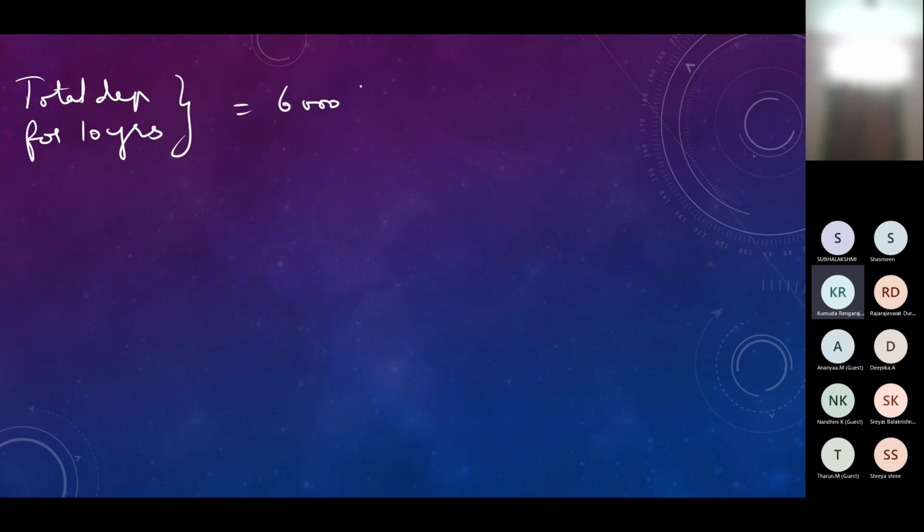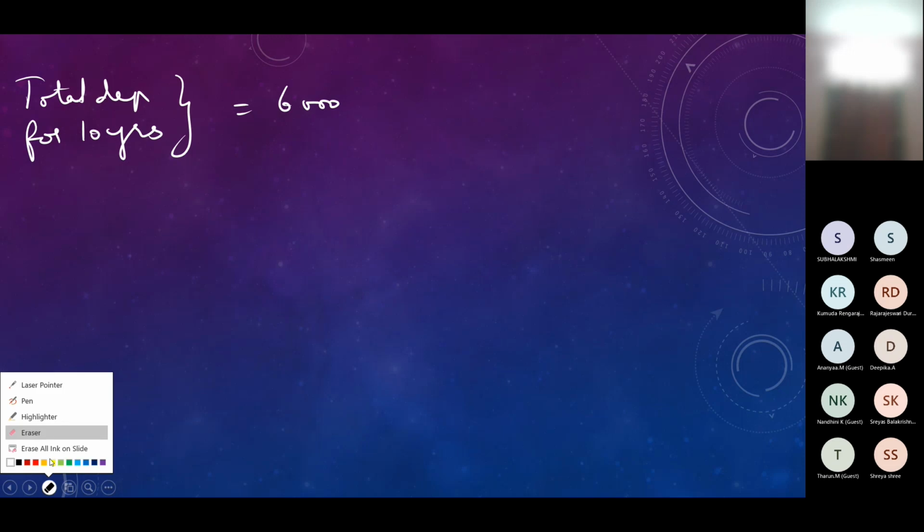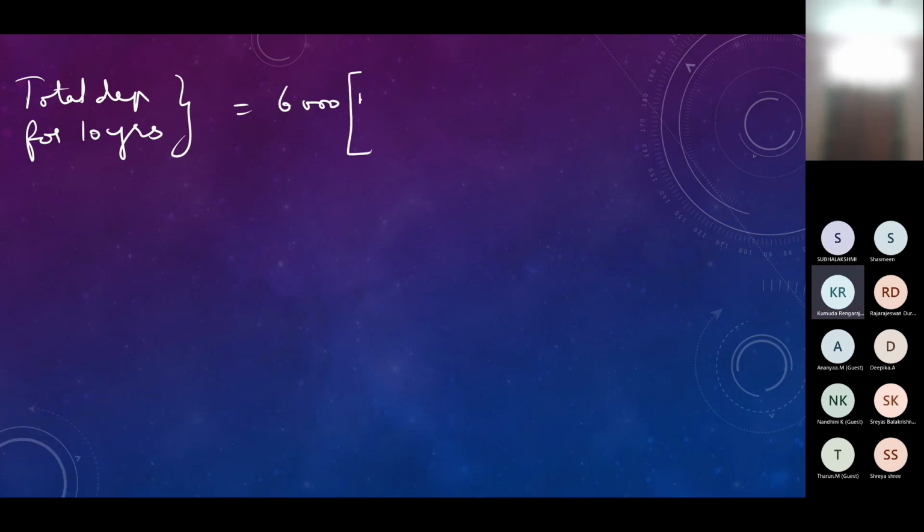Total depreciation for 10 years is equal to, we have taken 6,000 common, and then the SN formula, children, n by 2 of 2A plus n minus 1 into D. Put the n by 2 outside without the bracket, into 2A plus n minus 1 into D.